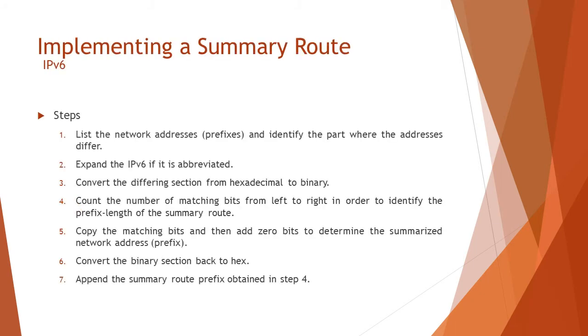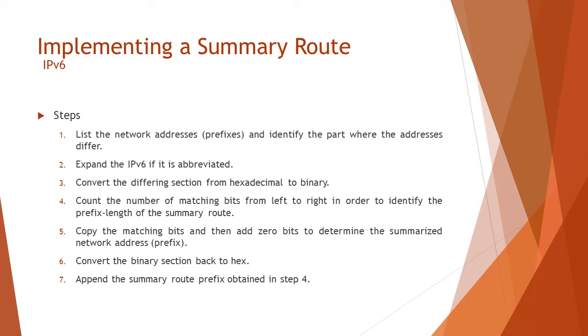IPv6. In order to implement a summary route on IPv6, we must follow these steps. Step 1. List the network addresses and identify the part where the addresses differ. Step 2. Expand the IPv6 address if it is abbreviated. Step 3. Convert the different section from hexadecimal to binary.